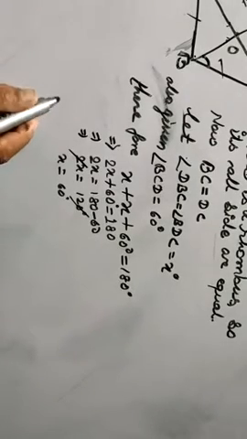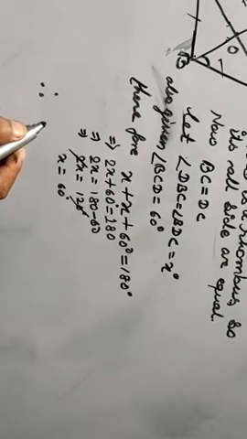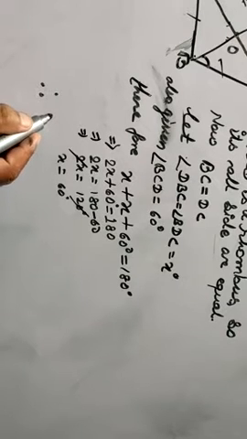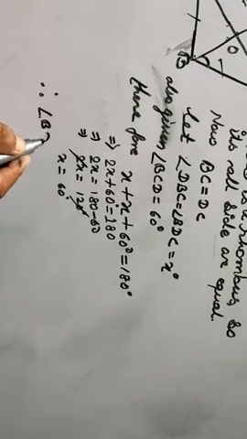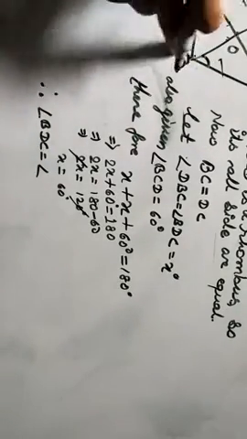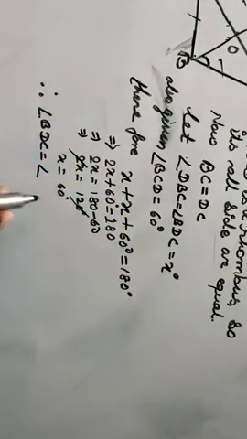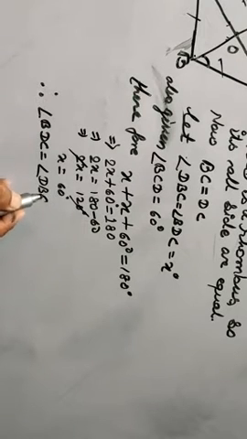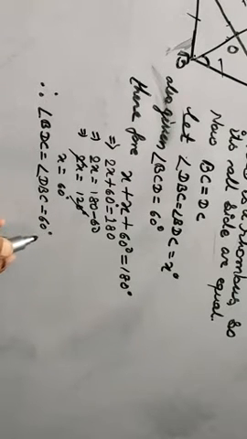Therefore we can say that angle BDC is equal to angle DBC, which is 60 degree.